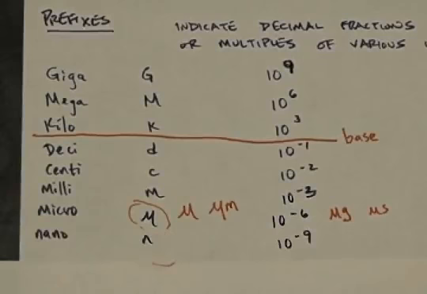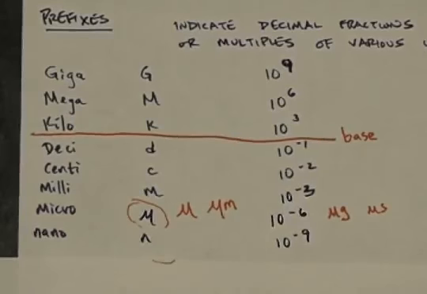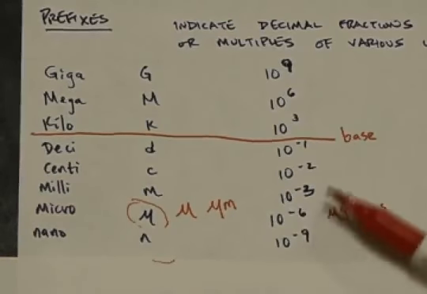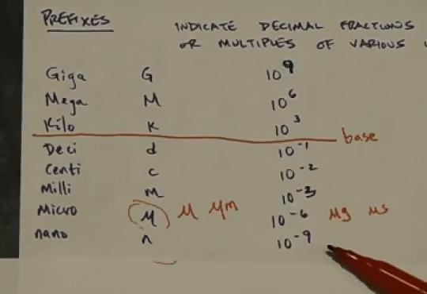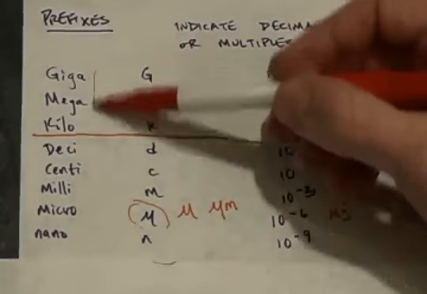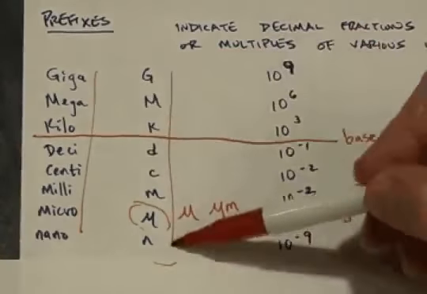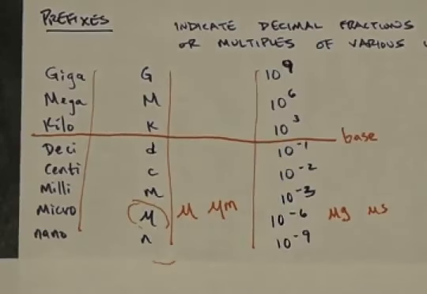1,000 times smaller than that is something called nano. Perhaps you've heard of nanotechnology or nanometers. Those are things that are on the scale of 1 billionth the size of a meter, which would be a decimal point with 8 zeros and then a 1 for a nanometer. These prefixes, their symbols, and how much larger or how much smaller must be memorized by you.